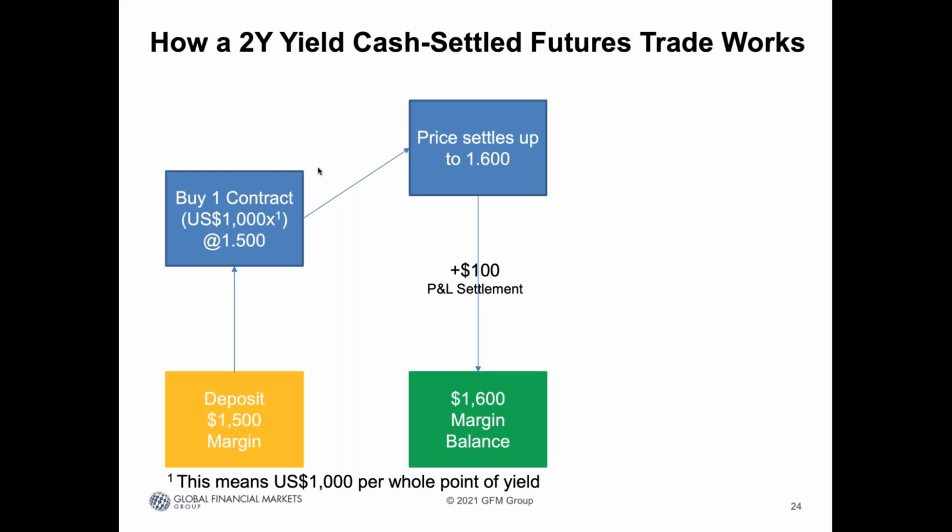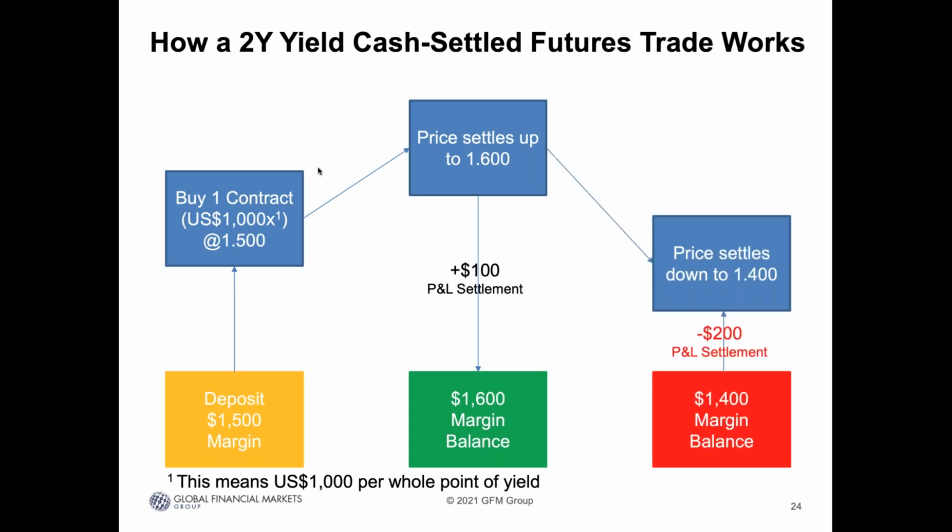So technically, this is not the 2-year yield. This is actually the futures price, which is what the market thinks the 2-year yield is going to be when the contract expires. If the contract goes up and you were long, then you've made money. Philip will take $100 and settle it into your account, and your margin balance will increase from 1,500 to 1,600. The exact opposite will happen if the price moves against you.